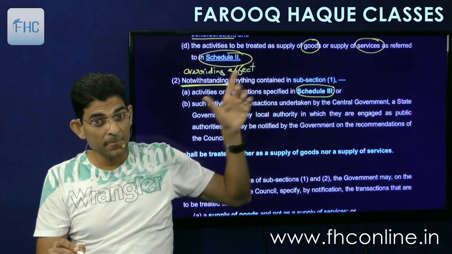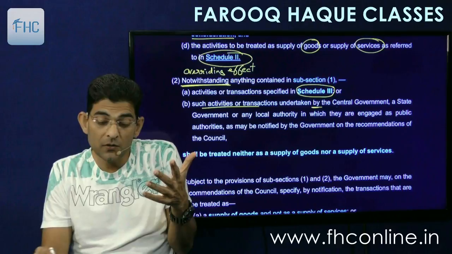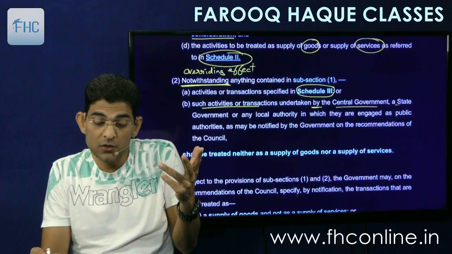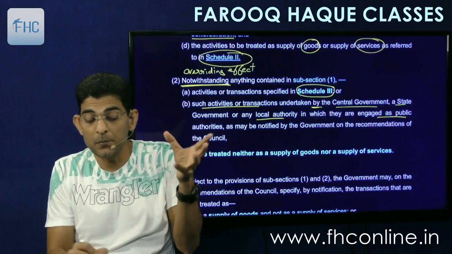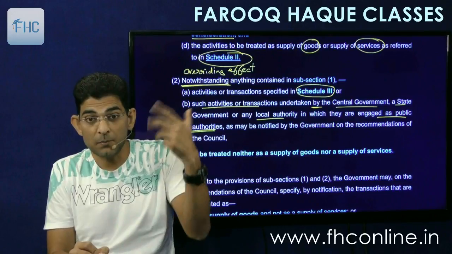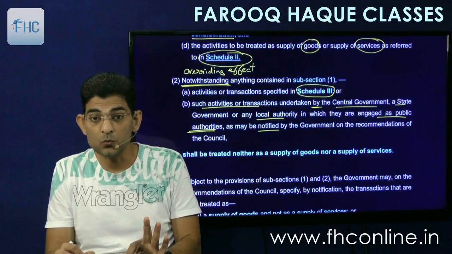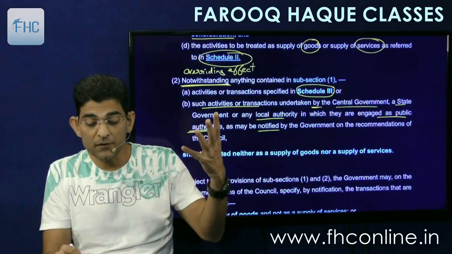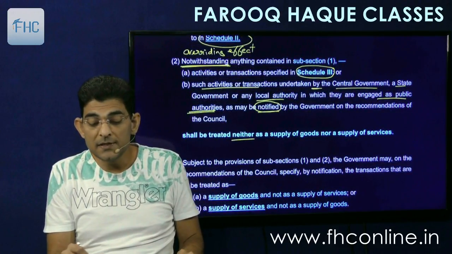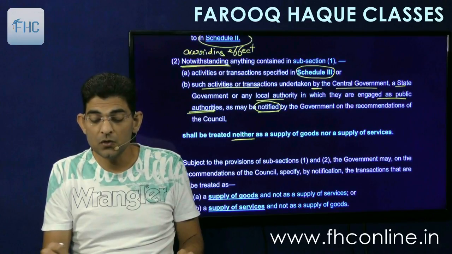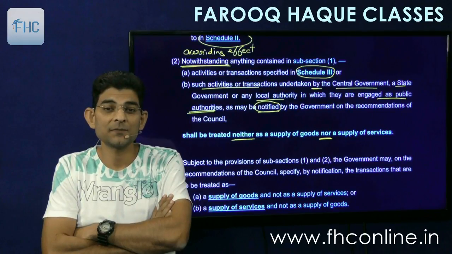Specified in schedule 3, or such activities and transactions undertaken by the central government, or state government or local authority, in which they are engaged as public authorities, as may be notified by the government on recommendation of the council. So government is going to notify these transactions. Shall be treated neither as supply of goods nor a supply of service. Means no GST, in simple words.